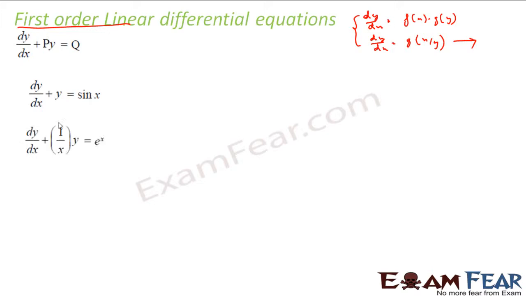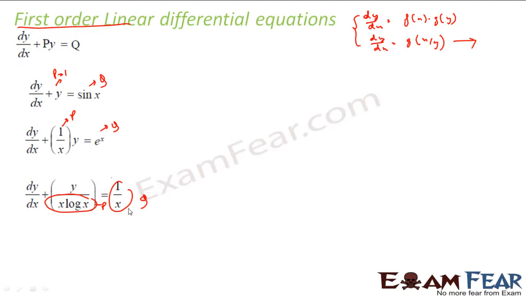If I say dy by dx plus 1 by x into y, so this becomes P here, this becomes Q here. This is P is 1, this is Q. So this is also a first order linear differential equation. Dy by dx, this thing y and this whole thing is P, this is Q, right?